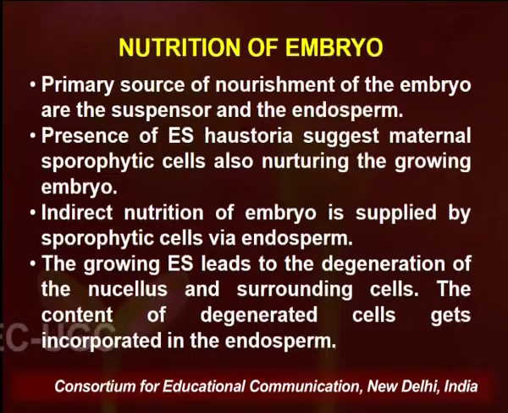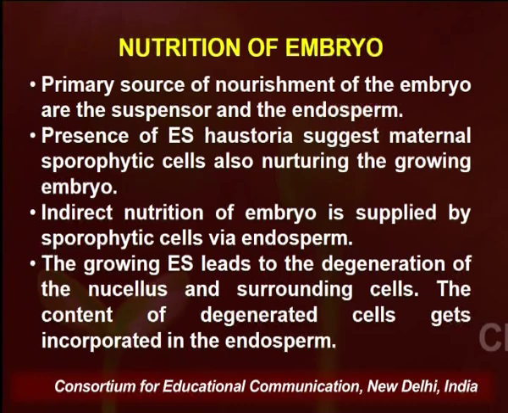Now we know that suspensor is involved in providing nutrition to the embryo. The primary source of nourishment of the embryo is the suspensor, and of course endosperm, a whole tissue, is meant for the nourishment of the embryo only.